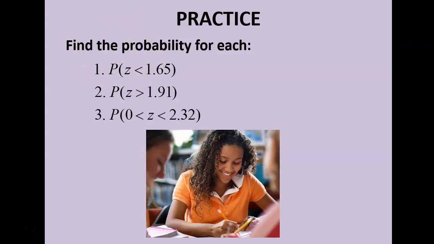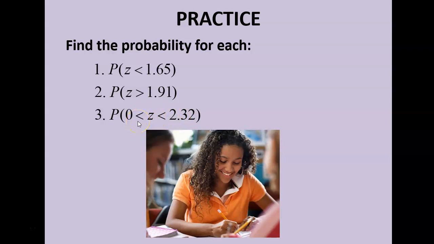In number 2, we're looking at values that are greater than 1.91. Values greater than 1.91 are going to be to the right side of that 1.91. So hopefully you know what that means, and you'll think about that for a moment and know what to do there as well. And for number 3, our z value is actually between two numbers, between 0, meaning it's greater than 0, but it's less than 2.32.